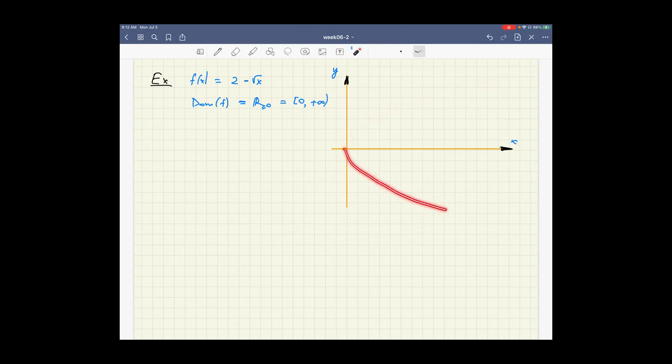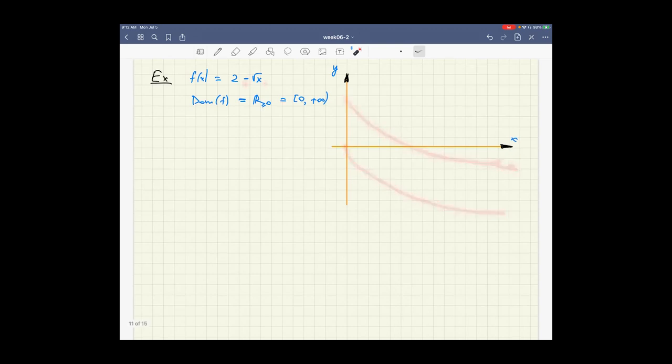So negative root x looks like this, and then negative root x plus 2 looks like this. The question is, where will it intersect the x-axis? That will happen at point 4 because root 4 is 2 and 2 minus 2 is 0.